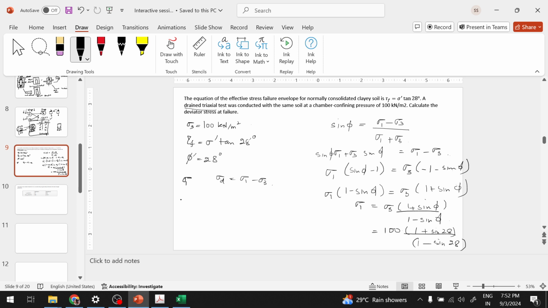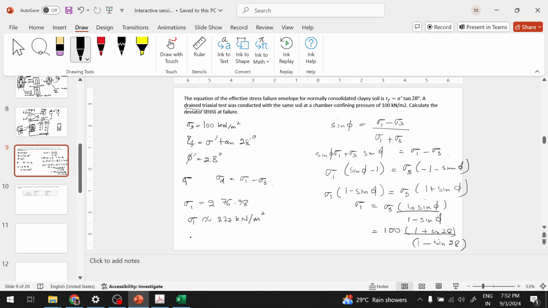So sigma 1 comes out to be 276.98, approximately 277 kilonewton per meter square.